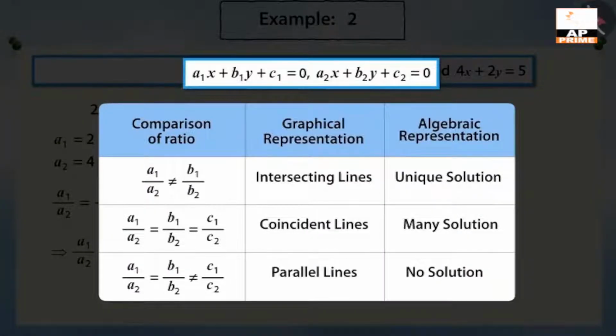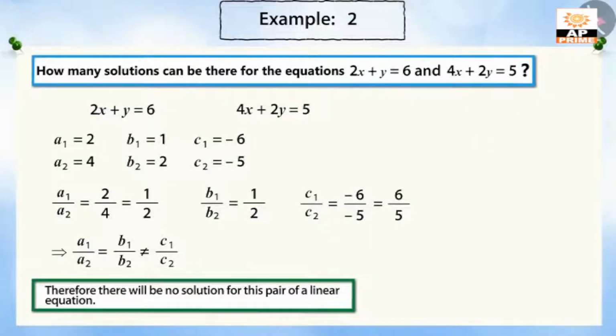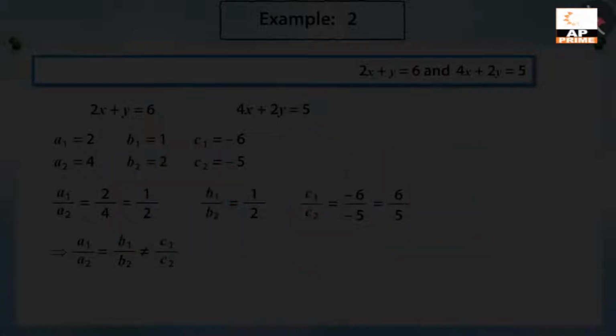In the previous video, we studied the behavior of the lines of a pair of linear equations, according to which we say that the given linear pair represents parallel lines which have no solution. Can you tell if the given pair of equations is consistent or inconsistent?